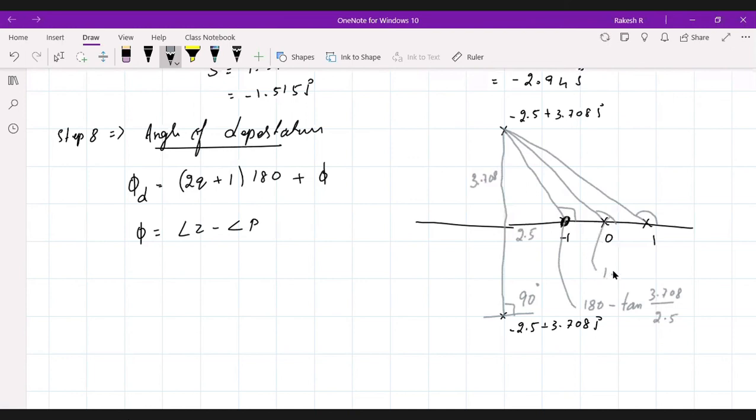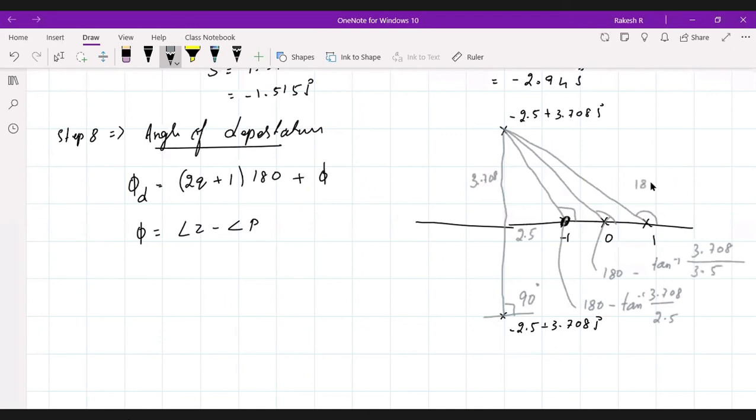Similarly, this angle will be 180 minus of tan inverse. This length, opposite is 3.708, whole divided by this complete length, which is 2.5 plus 1, that is 3.5 here. Right? Similarly, this angle is what?